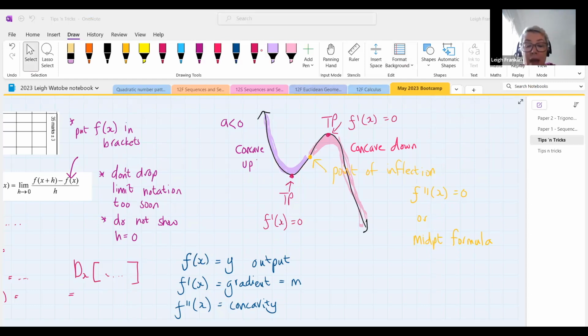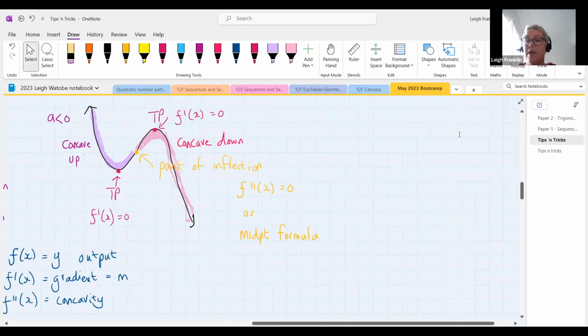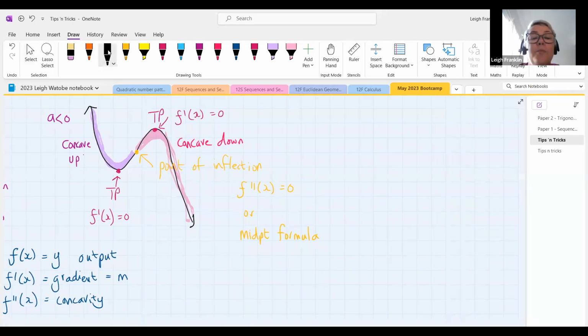All right, so if I just continue here on the side, let's pretend that we have a cubic function that's first concave down and then concave up. In this particular one, A is positive. Your point of inflection would be somewhere over here.